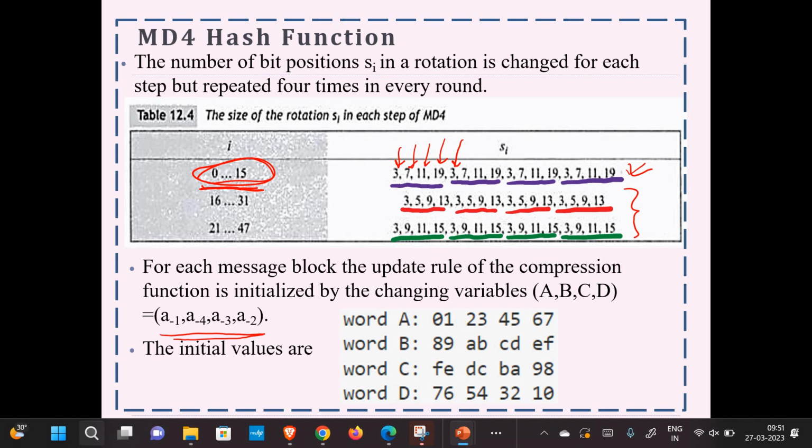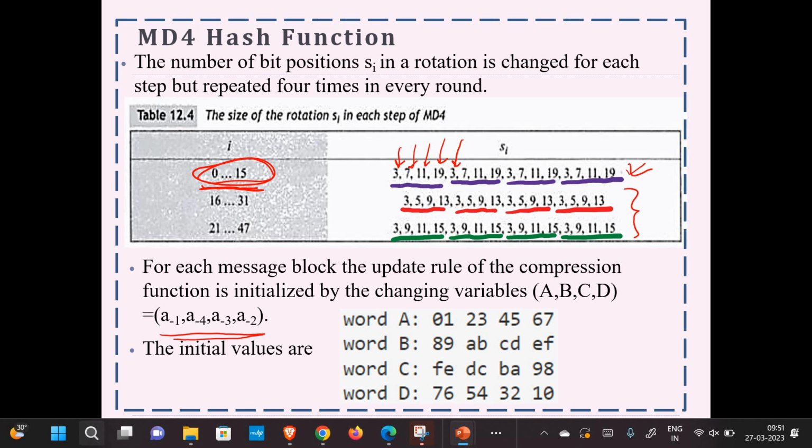Right? So that amount of left shifting that is happening is also dependent on which state you are in, and that goes for every round. So for 48 total states, you have to go on doing the same process again and again. Alright, so that is about the MD4 process.